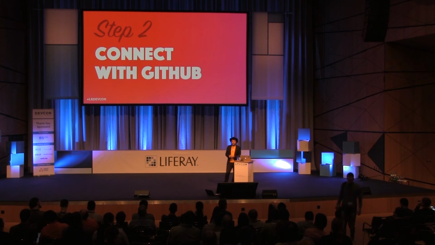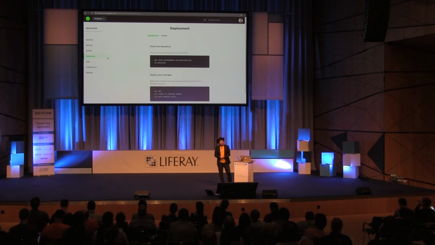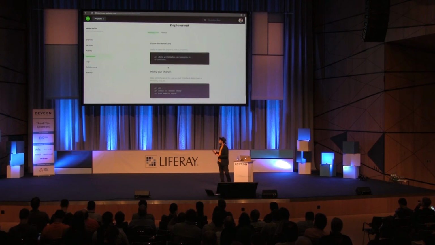So one thing I can do to push my files to WeDeploy, there are two ways. One is you can just put a new Git remote, and then you push to our Git server, or you can connect with GitHub. In my case, I have my whole website in a GitHub repo, so I'm just going to connect that. So I can go to deployment. I'll go to the GitHub.